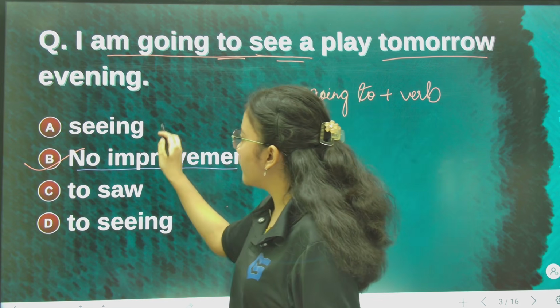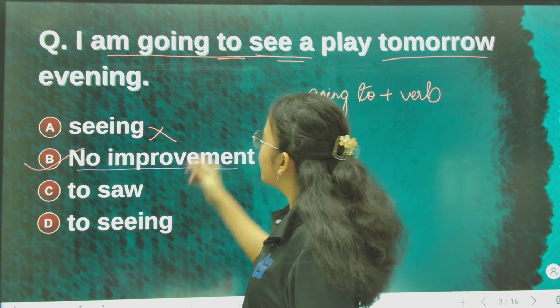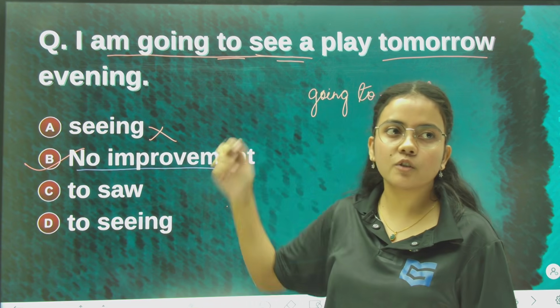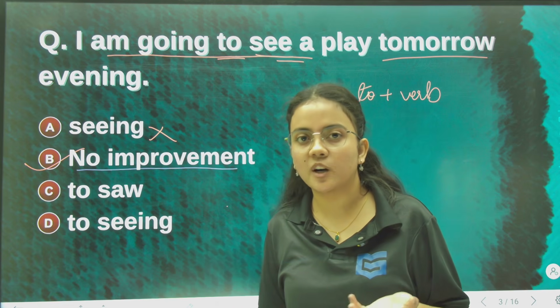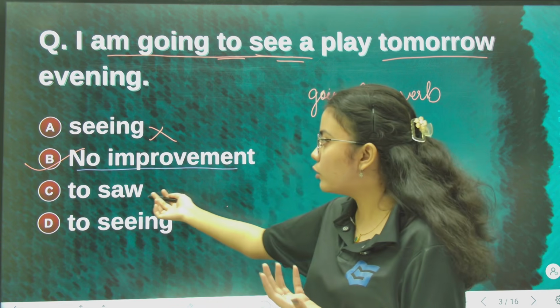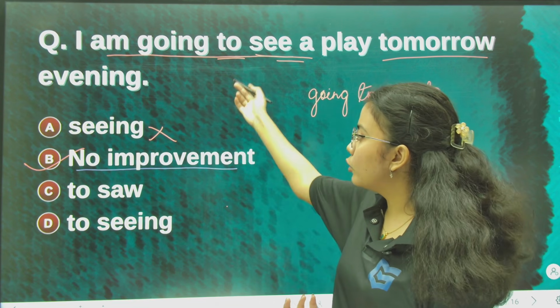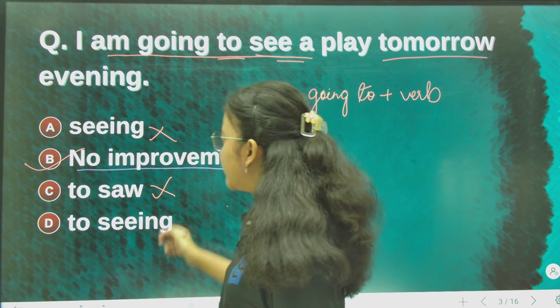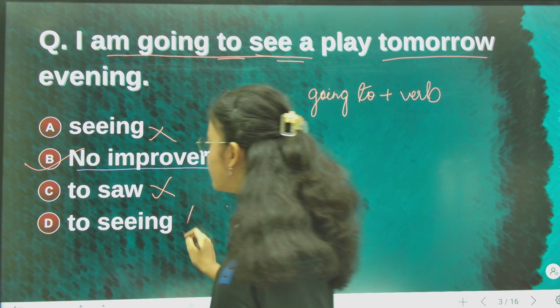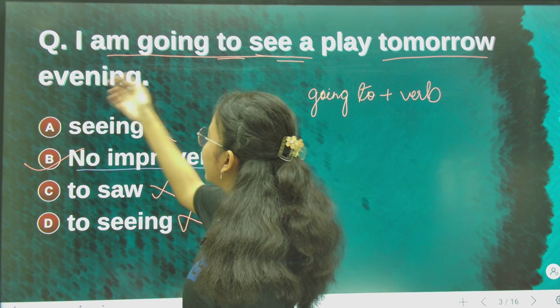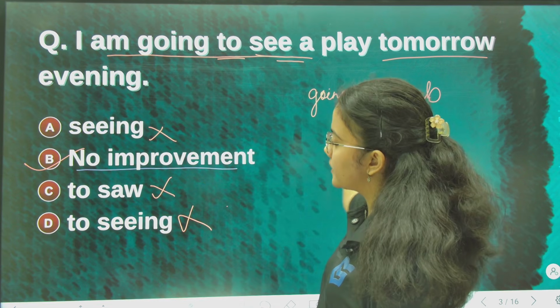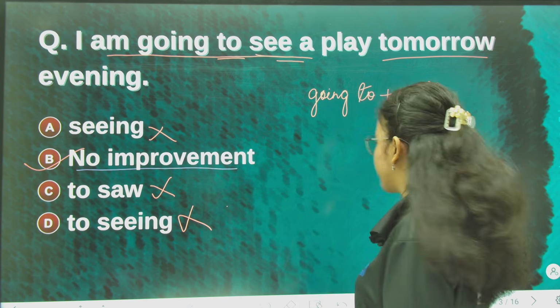So seeing is not correct. Then to saw, after to we never change the form of the verb. Saw is the simple past tense of see. So to saw is not correct, to seeing is also wrong. So I am going to see, this is the correct statement. No improvement will be the correct option.